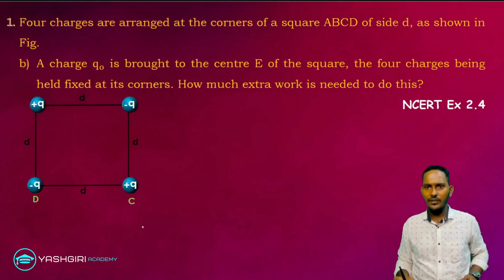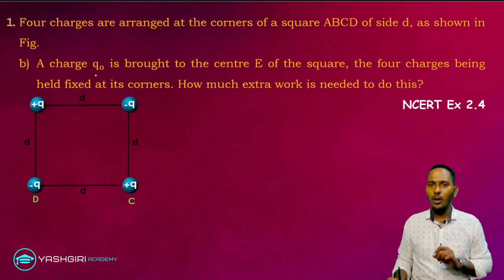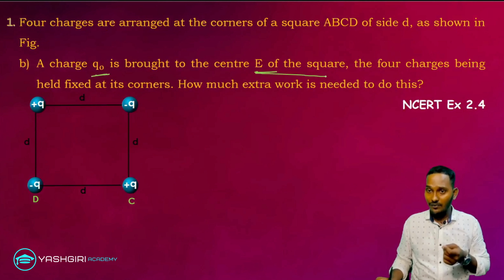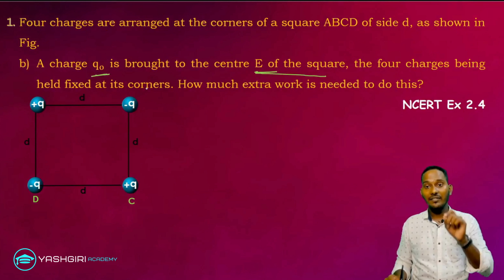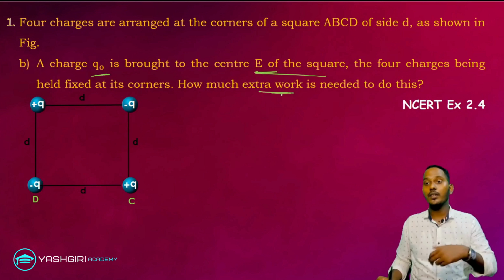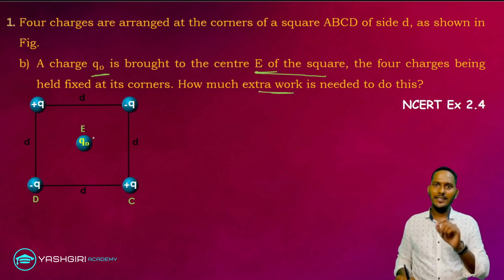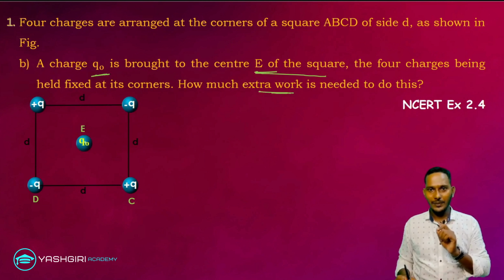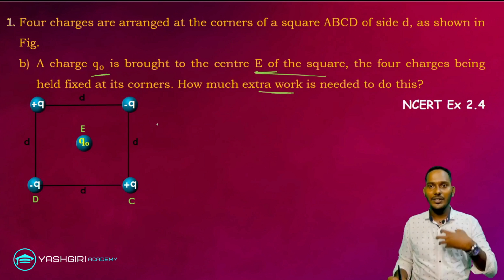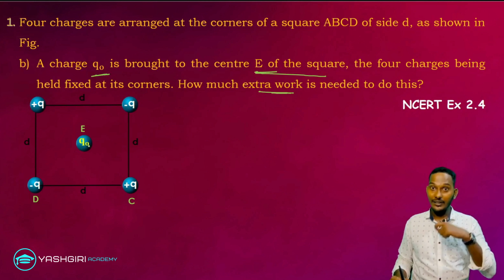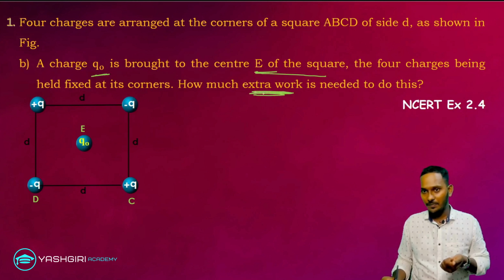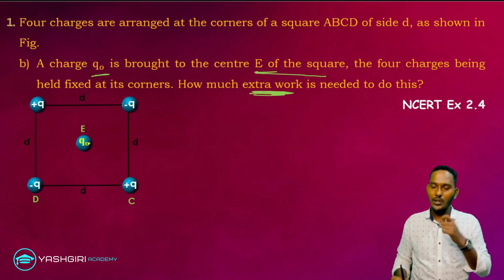For the second part, if you just see, a charge Q0 is brought to the center E of the square, the 4 charges being held fixed at its corners. How much extra work is needed to do this, right? So if I bring a Q0 charge and place it at a point E, now here, students, the work that we're going to do, extra work has been asked, in placing this Q0 charge.